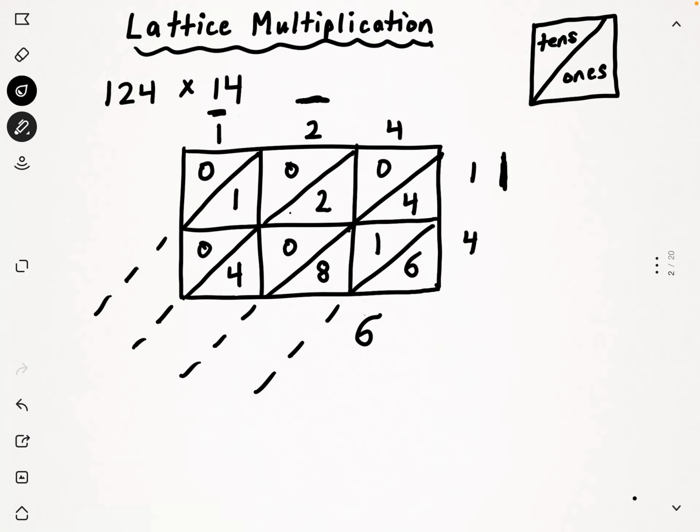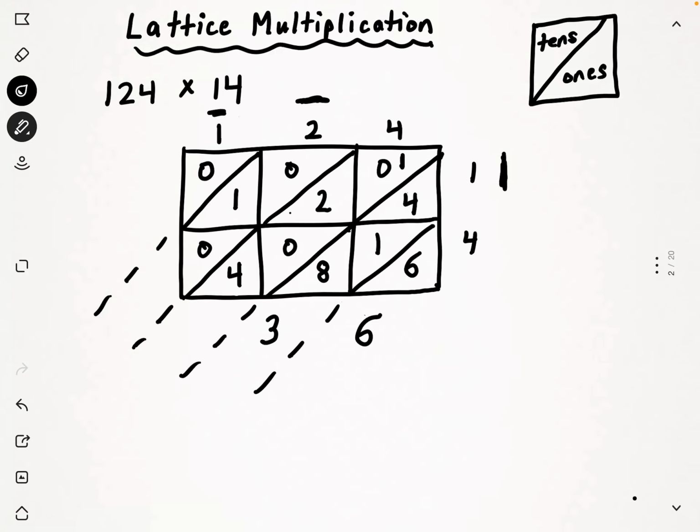In this next diagonal column, I have 8 plus 1 plus 4, which is 13. And 13 is a 2-digit number, so in those cases you have to carry the 1. So I put the 3 here, and I just carry the 1 up here somewhere.